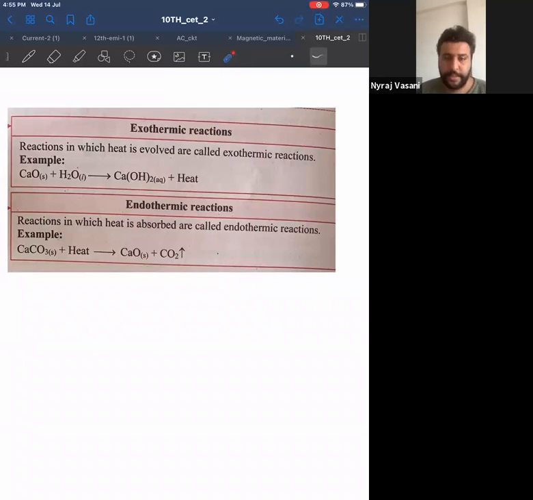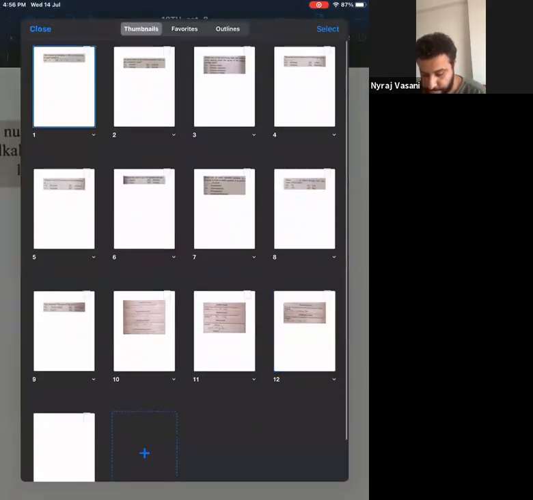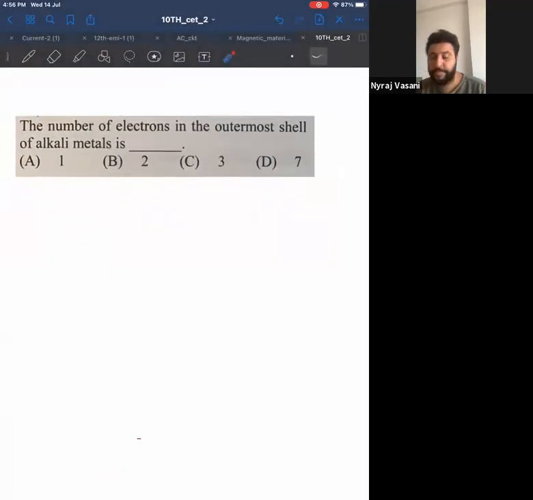Okay, I will show Akansha the first MCQ again. Don't worry. Just let everyone finish writing this, then I'll go to the first MCQ. Okay, now let me show you the first MCQ, Akansha.